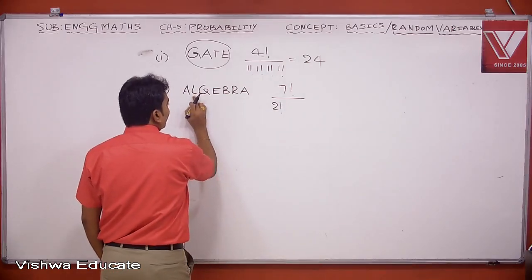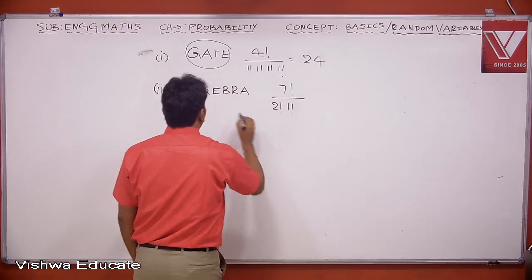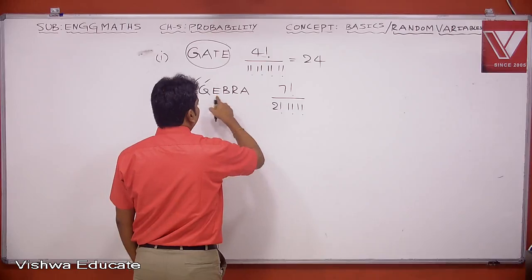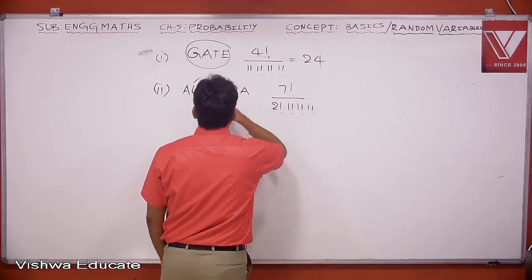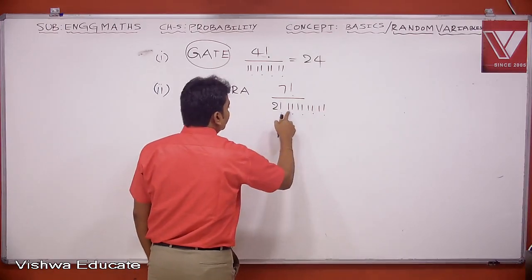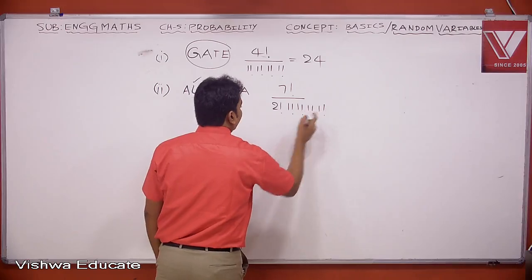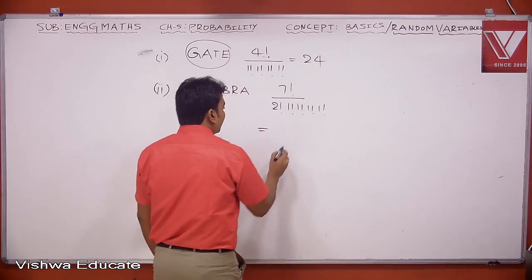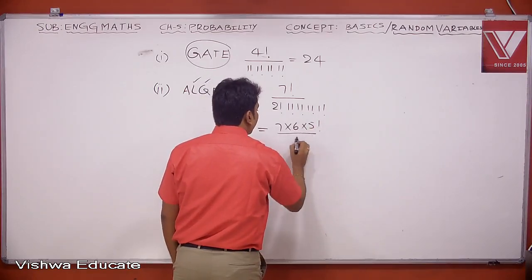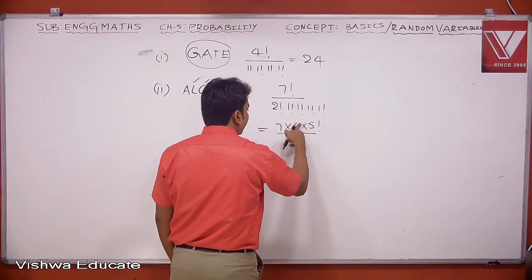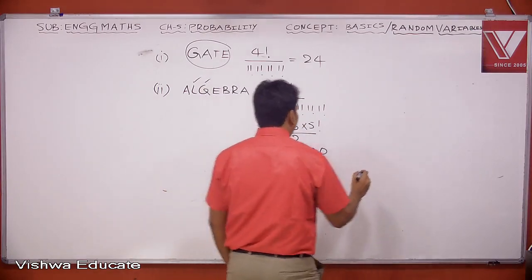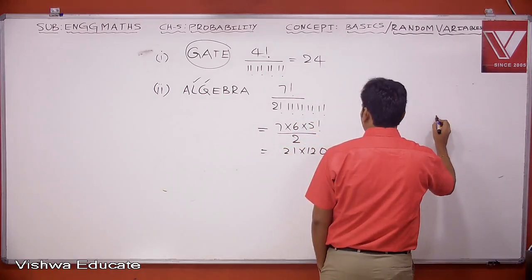L is repeated only one time, 1 factorial, G one time, E one time, B and R one time each. So 7 factorial is basically 7 into 6 into 5 factorial divided by 2. 7 into 6 is 42, so 21 into 120. So basically 21 times 120.